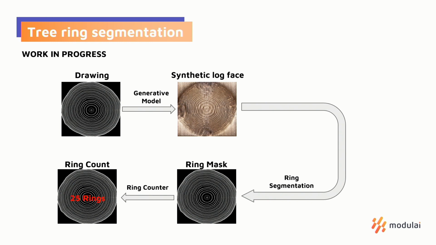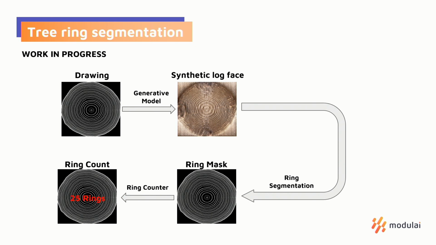So our solution was to create synthetic data using generative models. Here you see a general workflow on how we created the synthetic data. We started with a drawing of rings. We use a generative model to create a synthetic image of a log face of a tree.